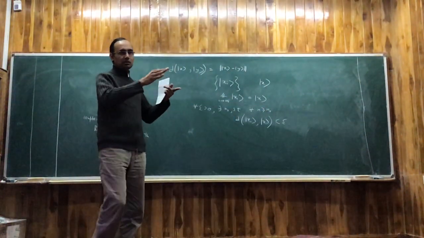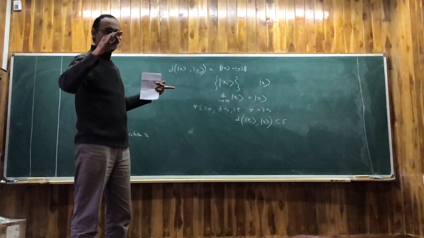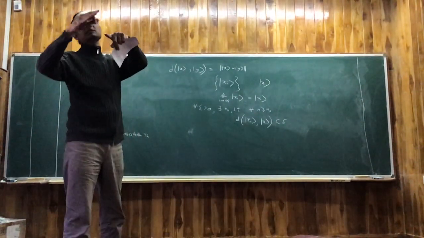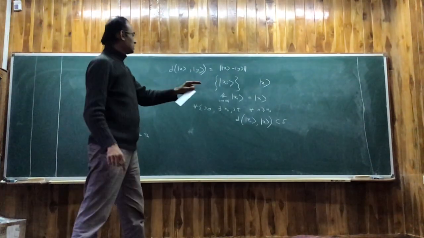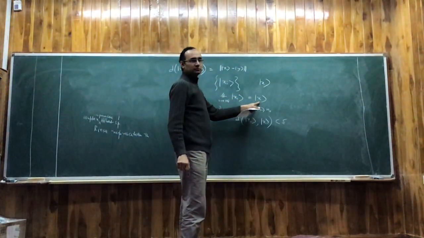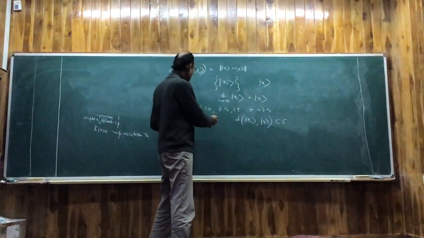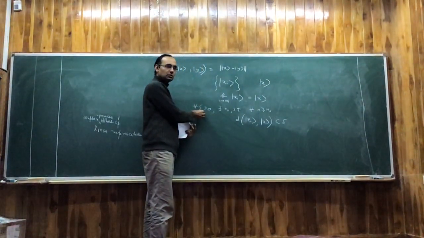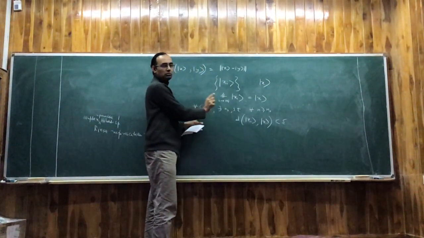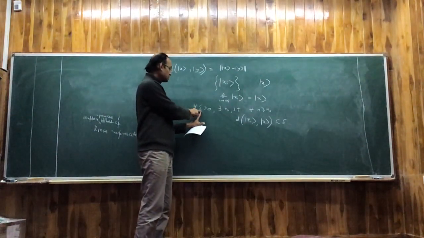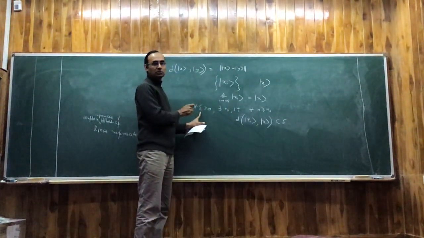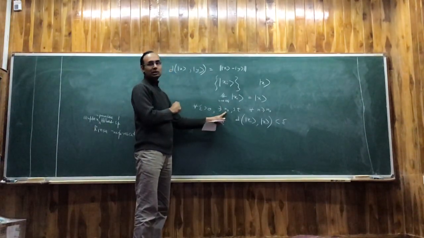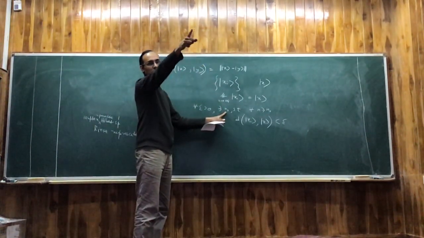Initially they can be far apart, but since it is convergent, if you go sufficiently far, they will be significantly close. For every epsilon you choose, once you give me this, I will tell you where to go. If you make it 0.1, I will tell you to go to 1000. If you make it 0.01, I will take it to a million. It never ends, right? So I can go as far away as possible.